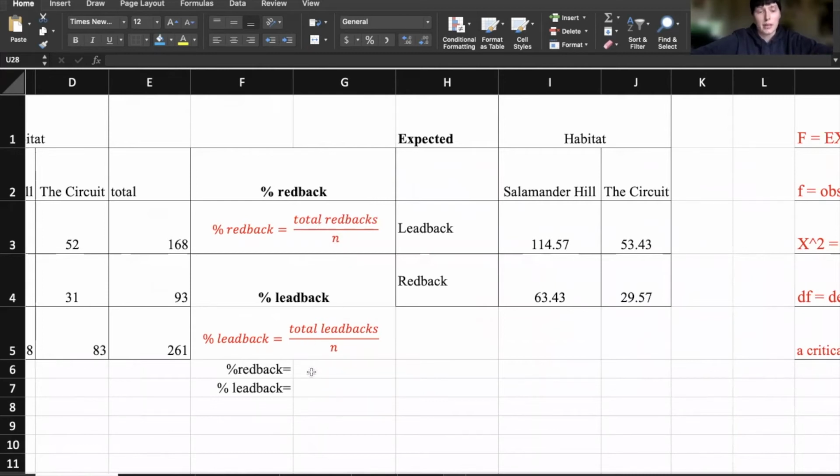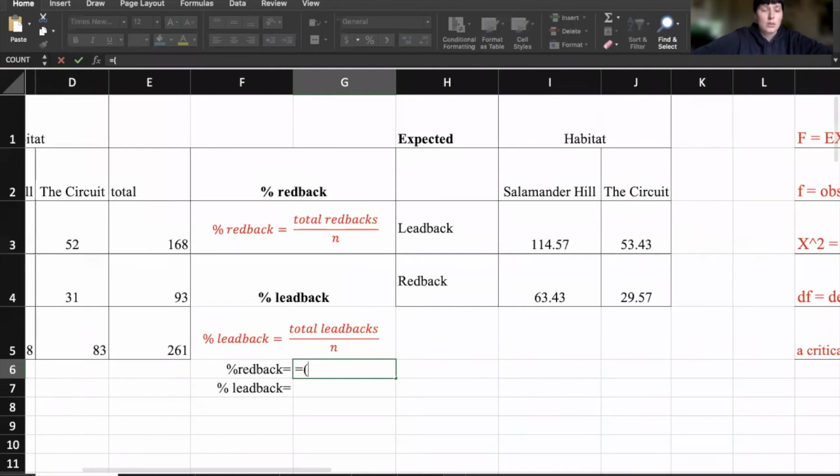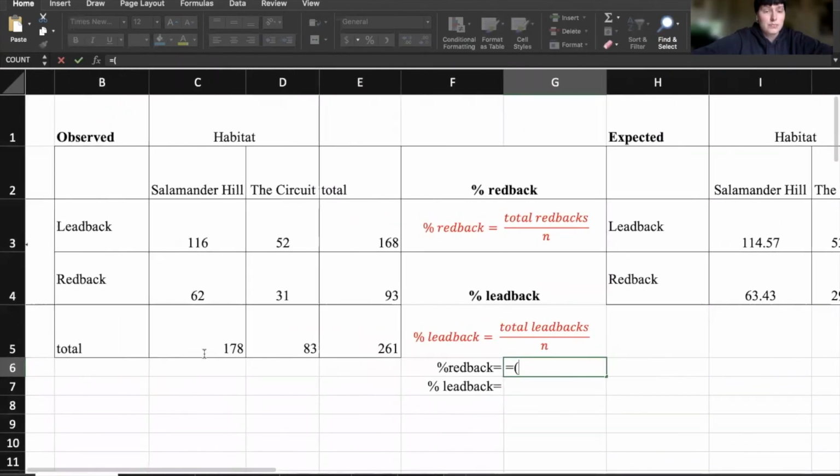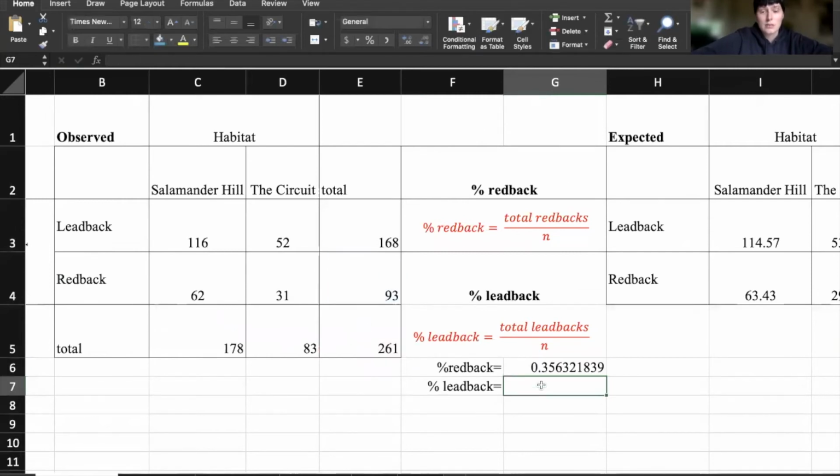And the same thing for lead back: total lead backs divided by the total sample size. And I'm just going to reduce the decimal places to 2, just so it looks neater.